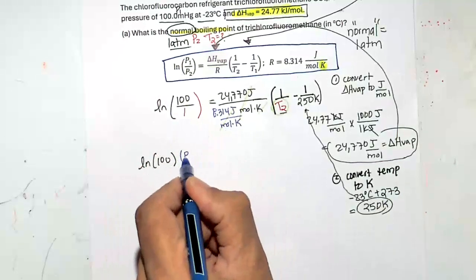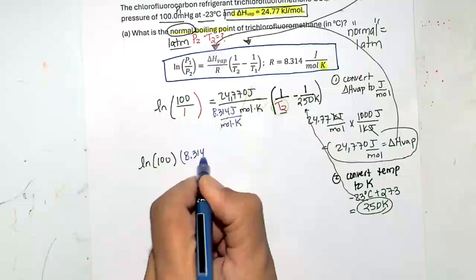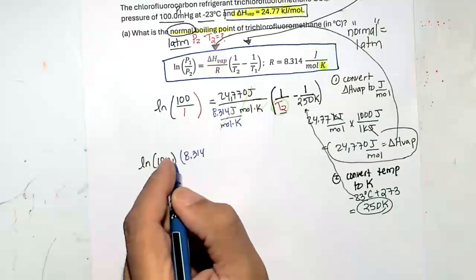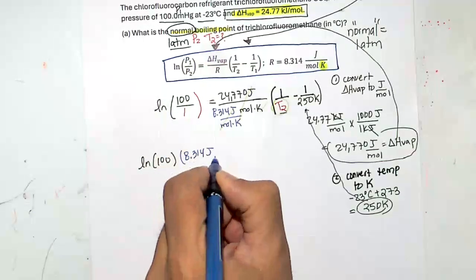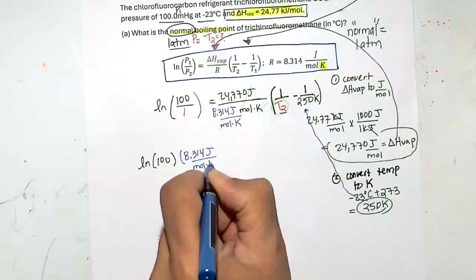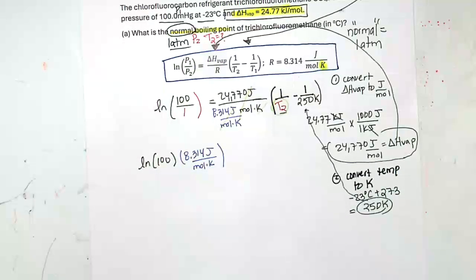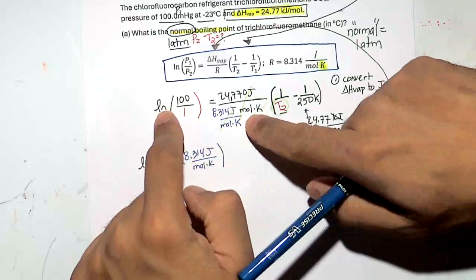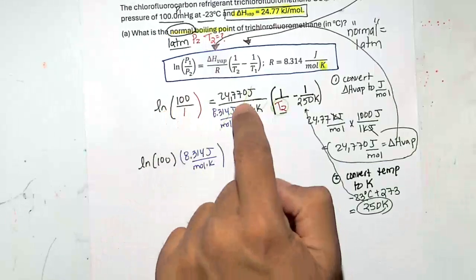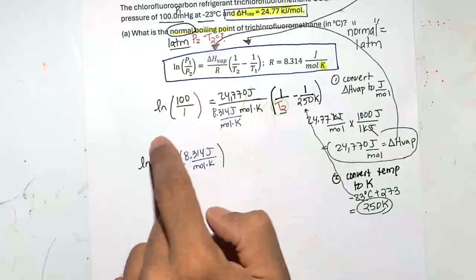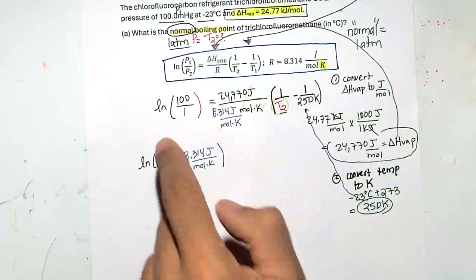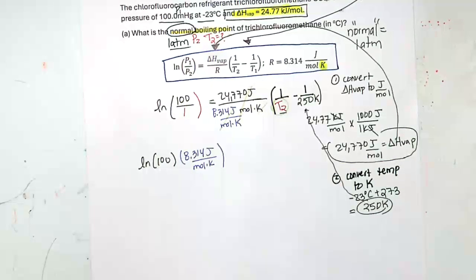So I'm going to take this 8.314 joules per mole Kelvin, but the joules per mole will cancel, but I'll just keep the units. I'll carry the units. Everyone see what I'm doing here? I'm going to divide by 24,770.